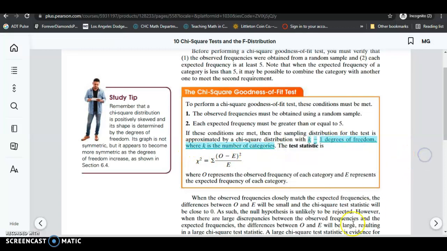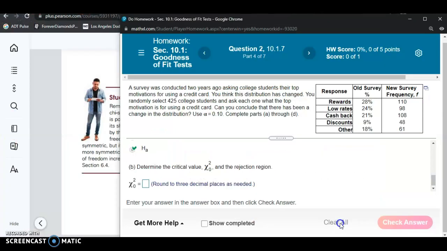In the context of this problem, the number of categories is 1, 2, 3, 4, and 5, which is how we are categorizing the students' responses for their top motivation. So there are 5 possible responses. Therefore there are 5 minus 1, which is 4 degrees of freedom.